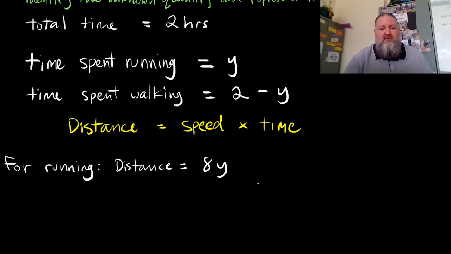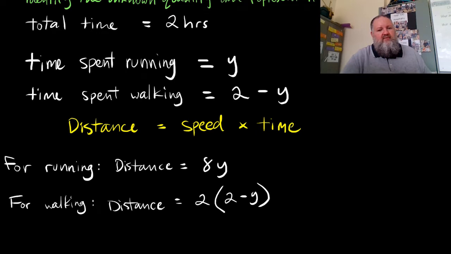That's what we determined back up on this line here. For the walking, her distance will be equal to the speed she was walking, 2 kilometers an hour, multiplied by the time spent walking, which was 2 hours minus the Y.